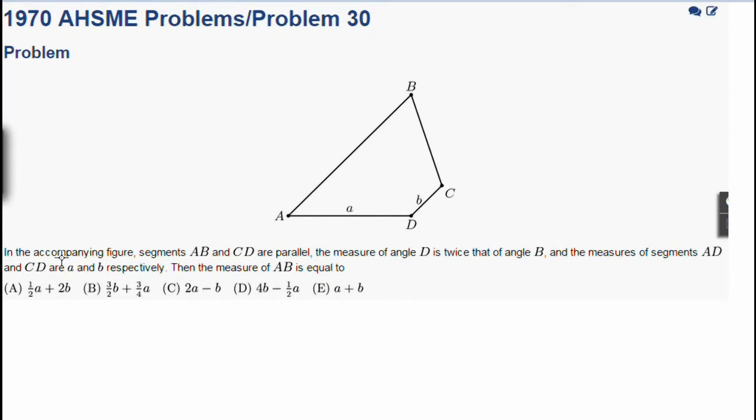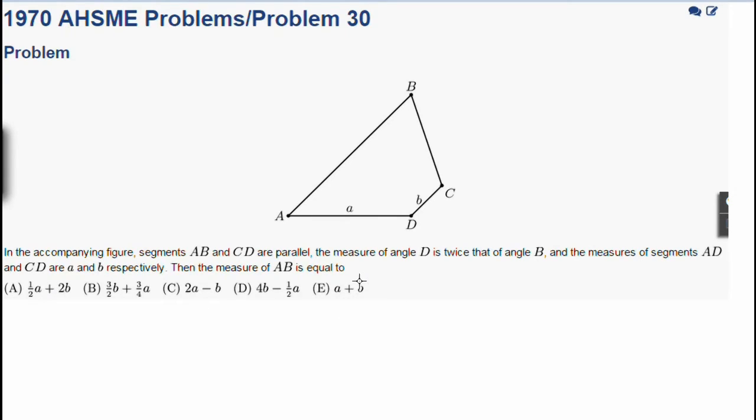And the reason for that is because in this problem, the only thing it says is that angle D is twice that of angle B, and that the measure of AB is equal to something. So as long as they have this property that angle D is twice that of angle B, then there must be a fixed value because there's only one choice. You can only choose one.